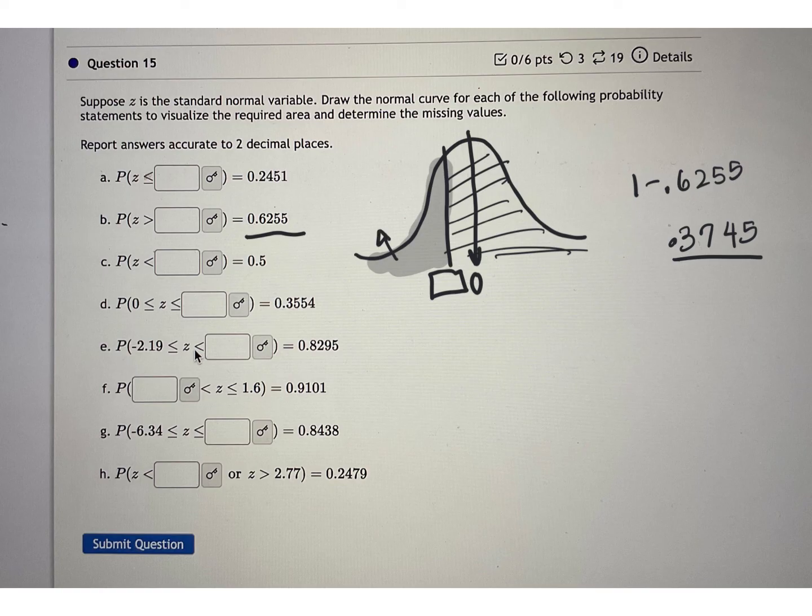I navigate to distributions and then to my inverse normal, and my area is 0.3745, and hit OK. And this number is going to be negative 0.319958. So to 2 decimal places, we would have that.